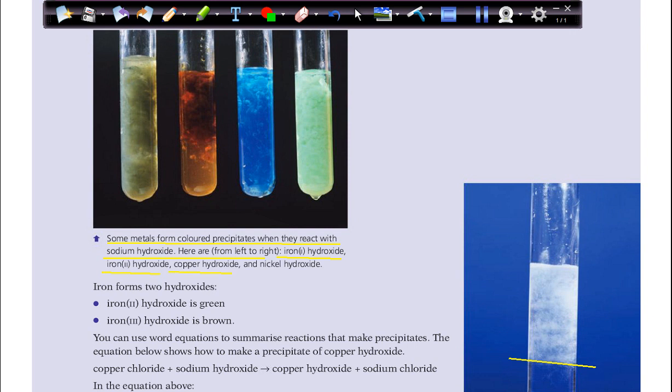And here we have copper hydroxide and nickel hydroxide. So from the left to right, we have iron 2 hydroxide, iron 3 hydroxide, copper hydroxide, and nickel hydroxide. Iron 2 is green, which is this one, and iron 3 is brown, which is this one.